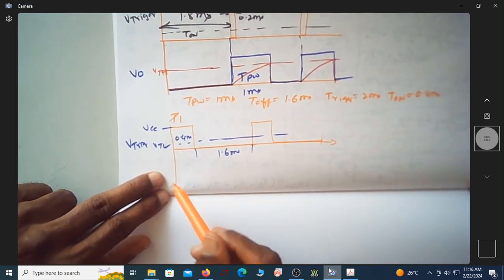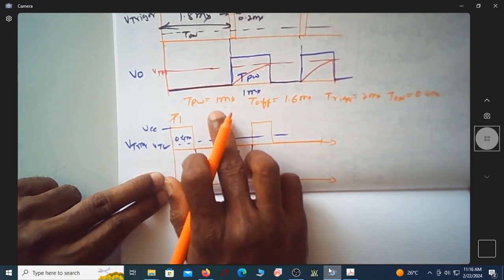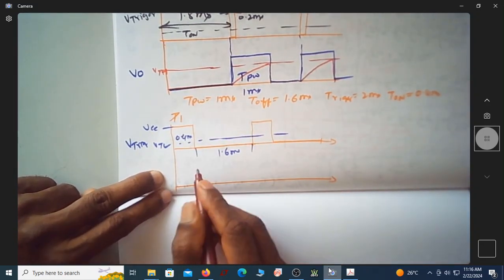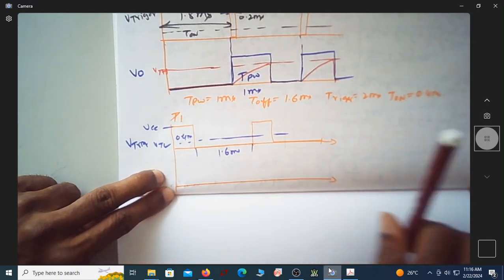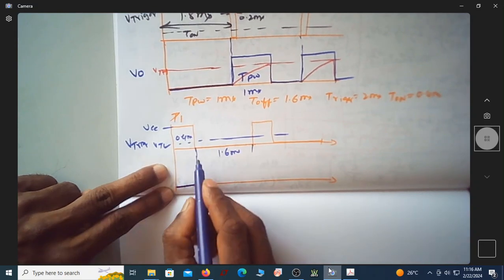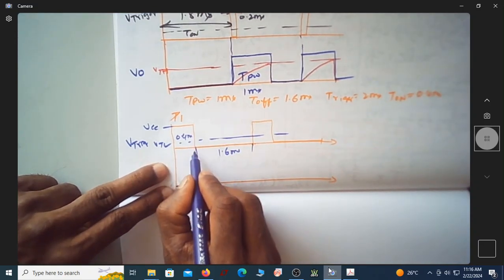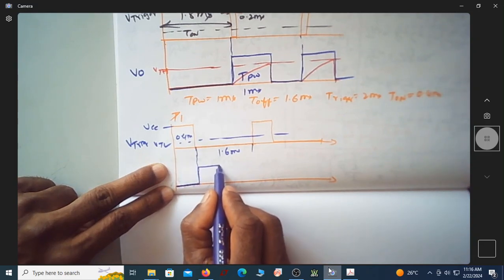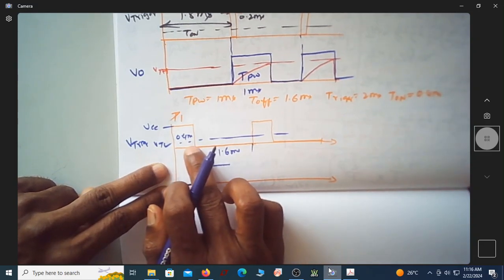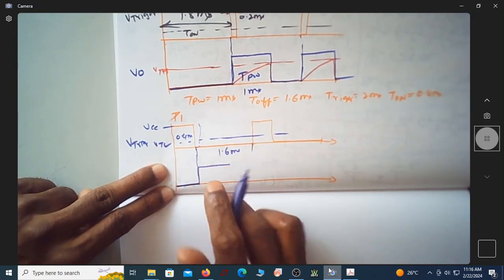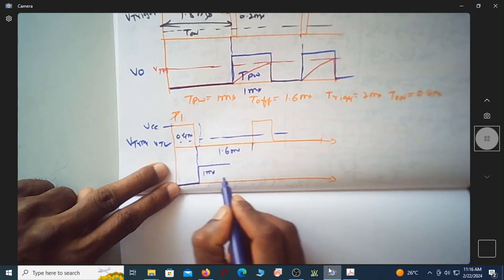Now the output is designed for 1 millisecond. Output voltage is 0 because there is no trigger applied till here. Once the trigger signal goes below VTL, output goes high. Suppose this was going up here, this would be 1 millisecond.